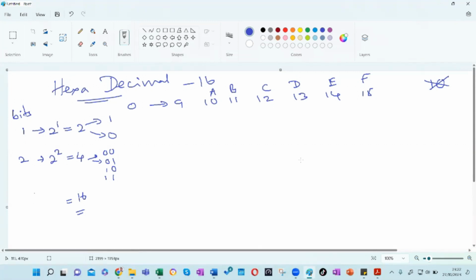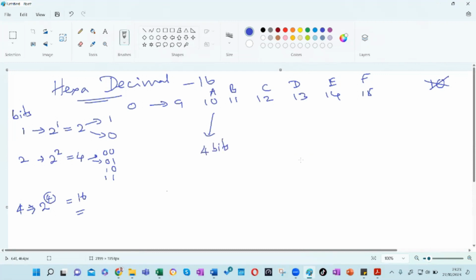Anyone from the other group? 4. Good. 4 bits. How? 2 to the power 4 is 16. So we need 4 bits to represent 16 numbers. That means if you want to represent a hexadecimal number in binary, you need 4 bits.